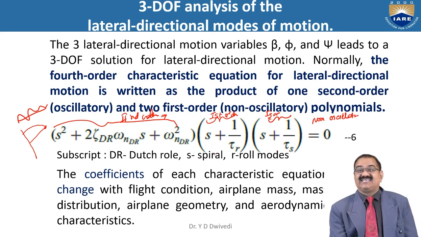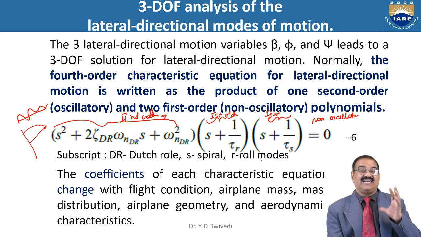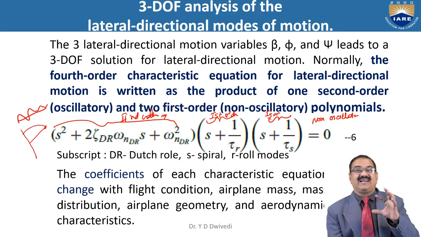However, s is the spiral mode and r is the roll mode. This spiral mode and the roll mode are not oscillatory. That we have to understand: in the lateral and directional modes, Dutch roll is oscillatory, but the spiral mode and the roll mode are not oscillatory.